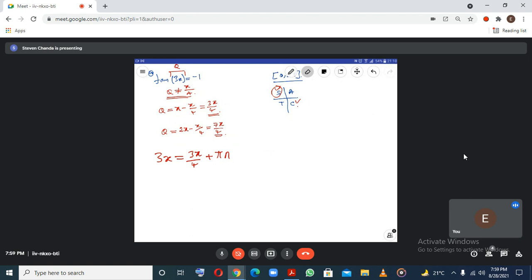So having done that, one thing you may want to realize is that if we write this as 3 pi over 4 plus pi n, then if we put 1 for n here, we are going to get 7 pi over 4.